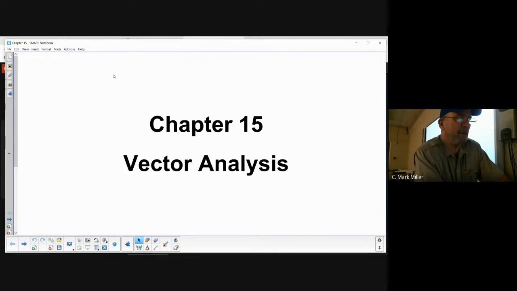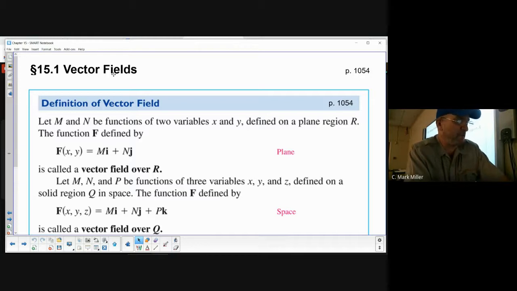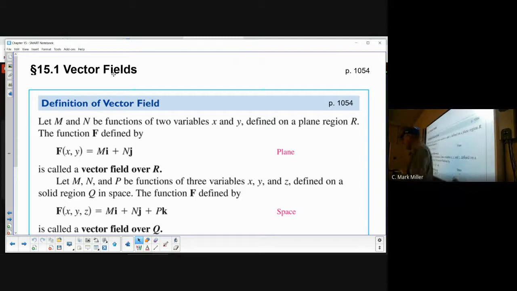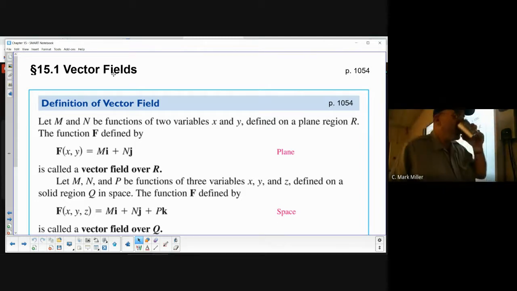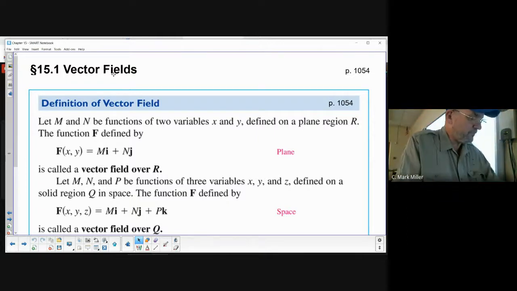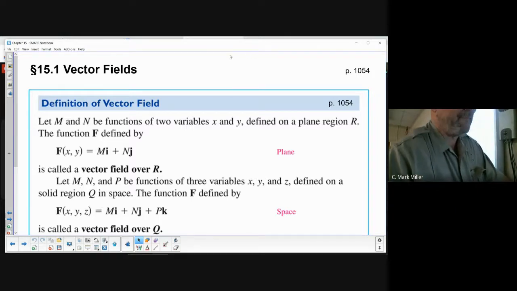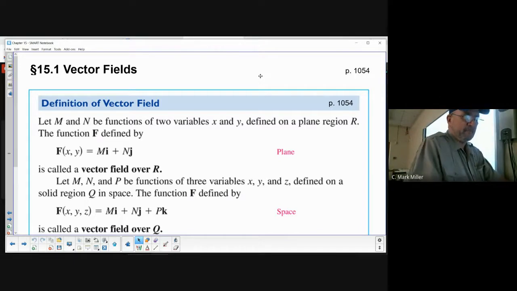All right, so the principal thing we're going to be working with in chapter 15, I gave you these slides before we left, I believe, right? So the main thing we're going to work with here that's going to be new is a vector field. Vector field, right?